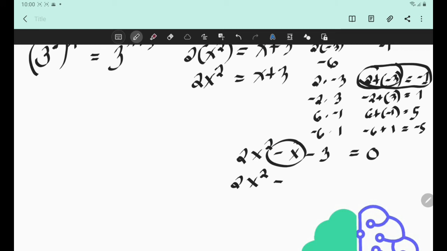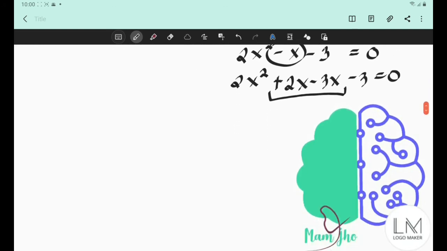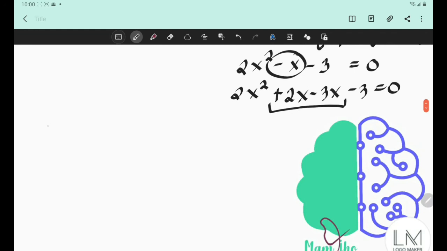So, it will become plus, dahil positive 2 yon, so plus 2x, then dahil negative 3 yon, negative 3x minus 3 is equal to 0. So, kung mapapansin nyo, in-expand natin yung middle term. Okay, so paano natin siya i-factor? So, i-rewrite natin ngayon. We have 2x squared plus 2x minus 3x minus 3 is equals to 0.